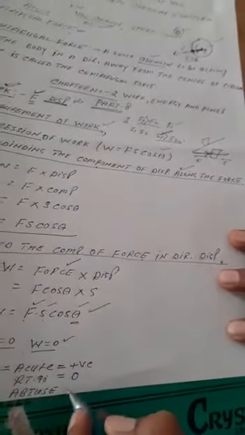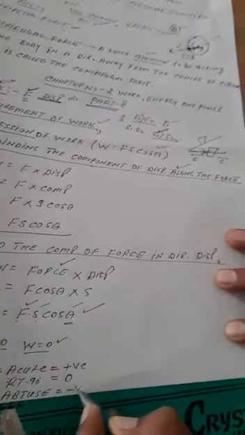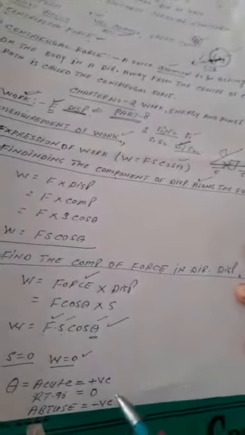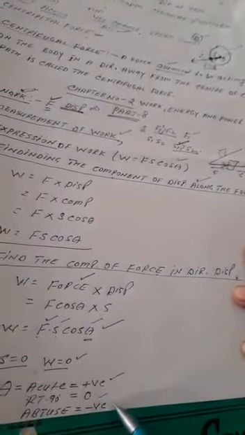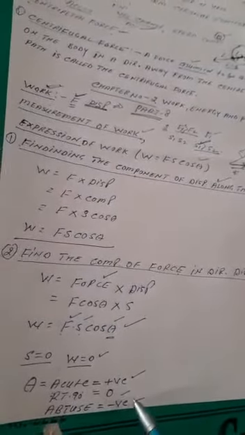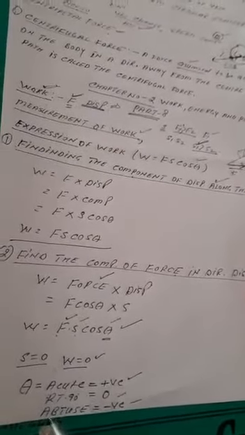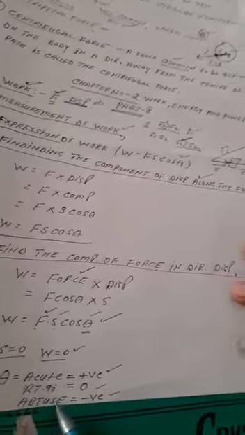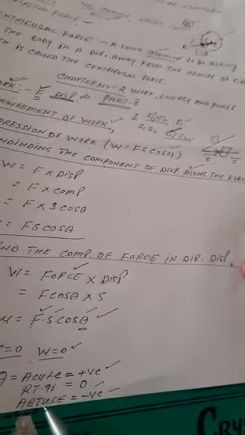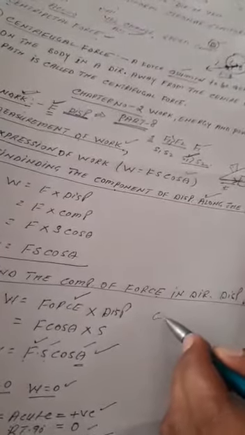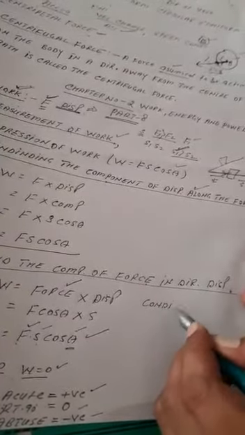And if it is an obtuse angle, in that case work done will be negative. So work done may be positive, 0 or negative depending upon whether the angle is acute, right angle or obtuse angle.